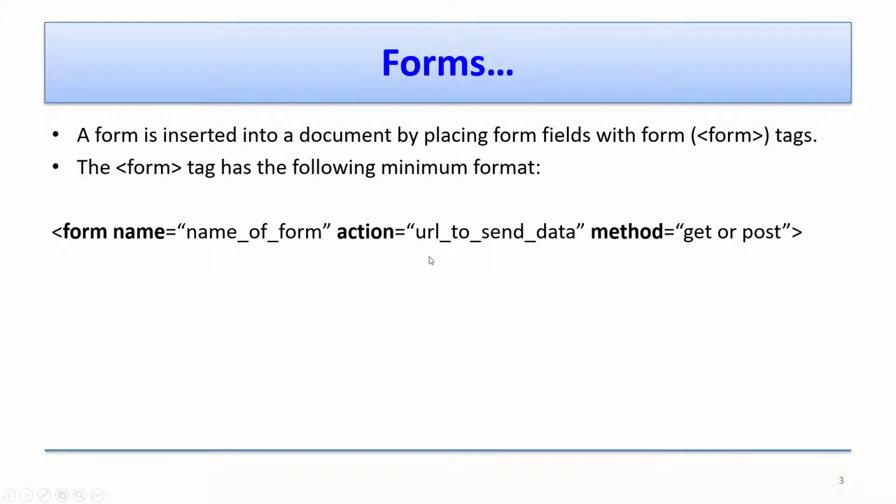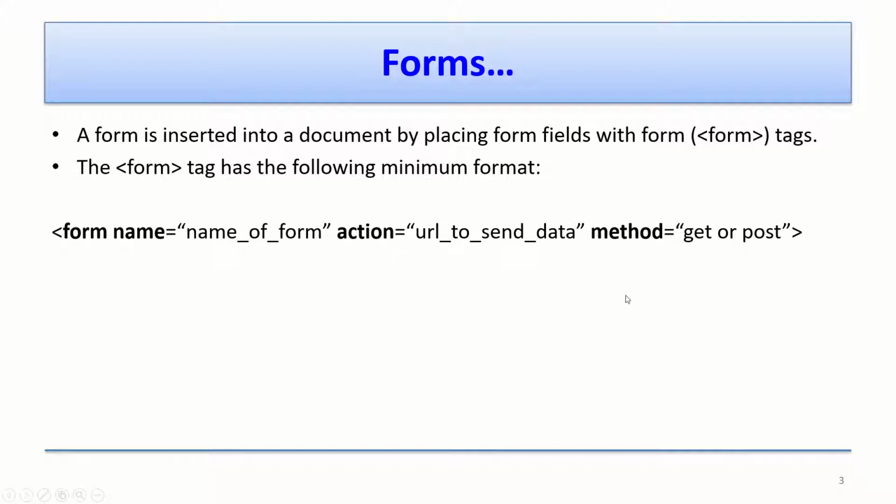And then action, that means the URL to send data. A form is used for collecting data, so there should be a URL to send this data. You can set the URL by using this action attribute.